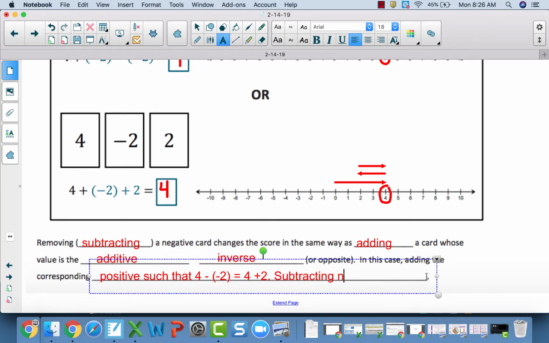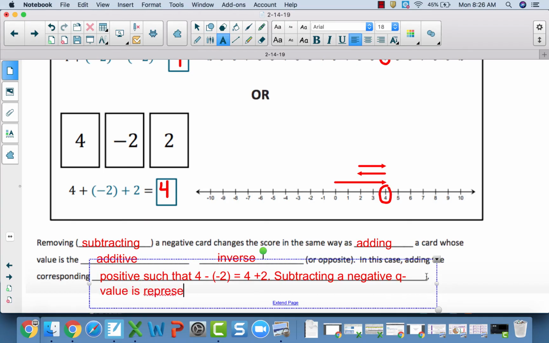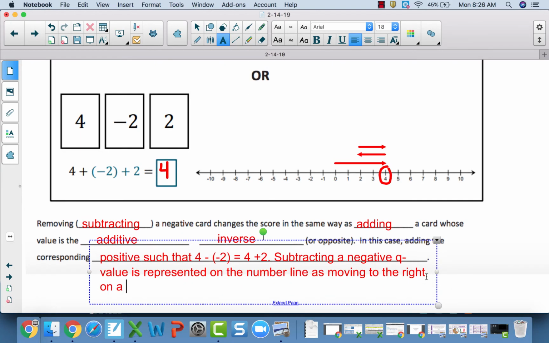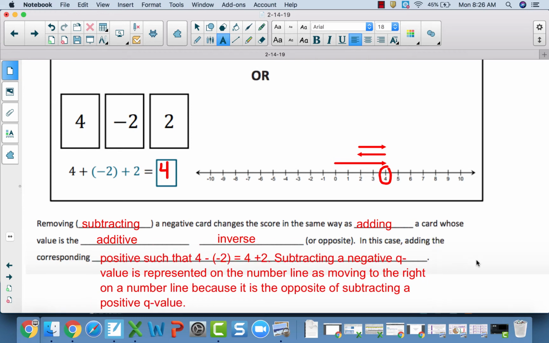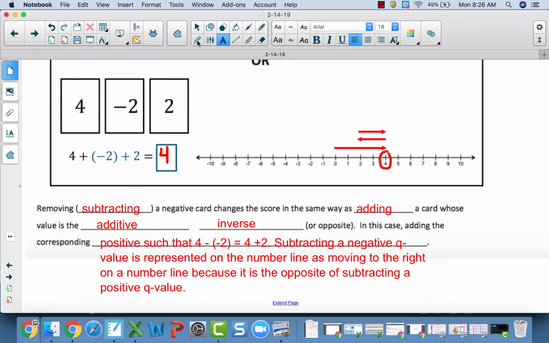Subtracting a negative cube value is represented on the number line as moving to the right on a number line because it is the opposite of subtracting a positive cube value. Okay? So what I like to do, let's say we have 4.